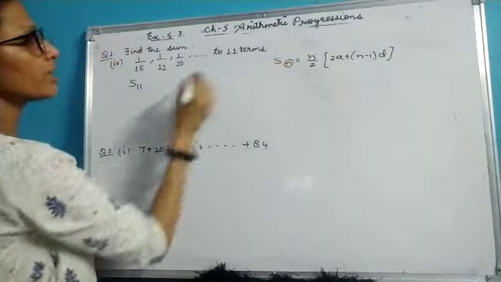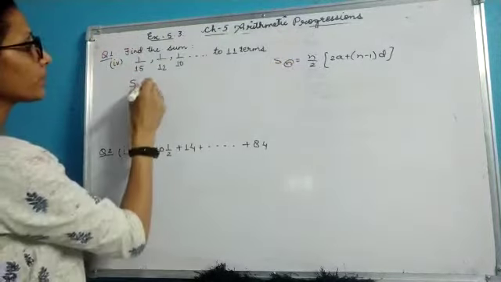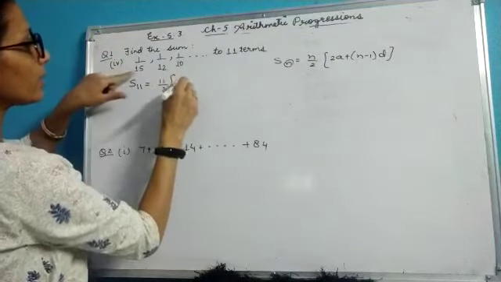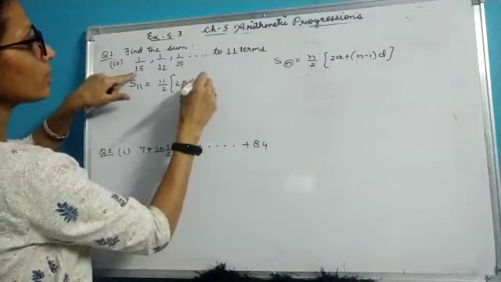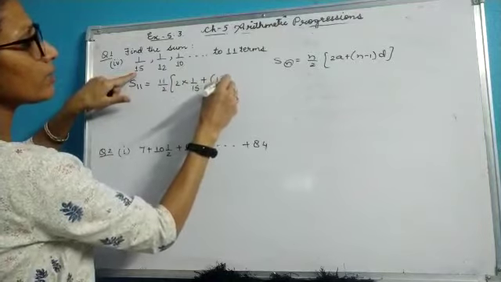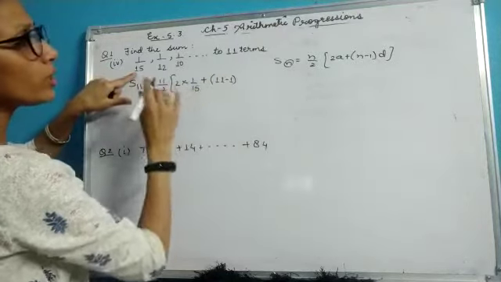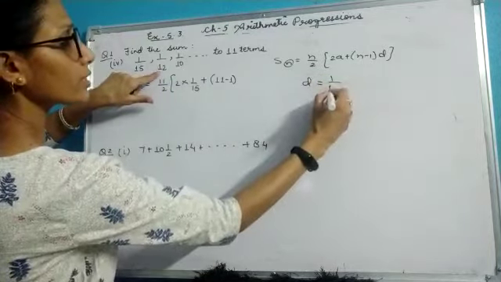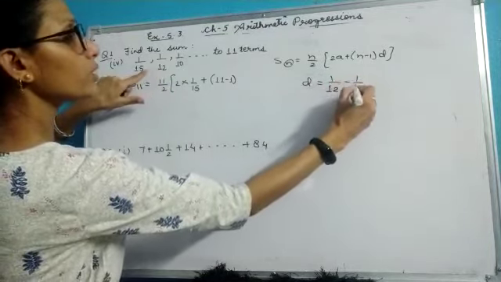In place of n, here I have written 11. Sn equals 11 by 2 into 2a, what is my a? A is 1 by 15, plus n minus 1, which is 11 minus 1. What about d? We'll be calculating d: successive term minus preceding term.